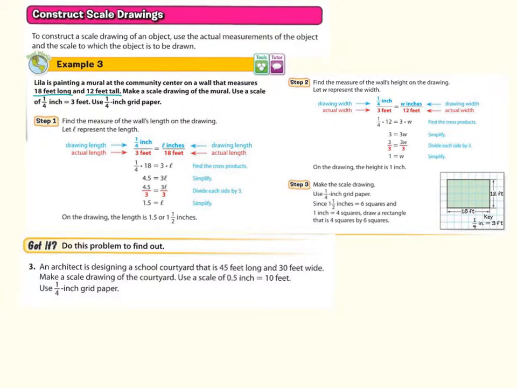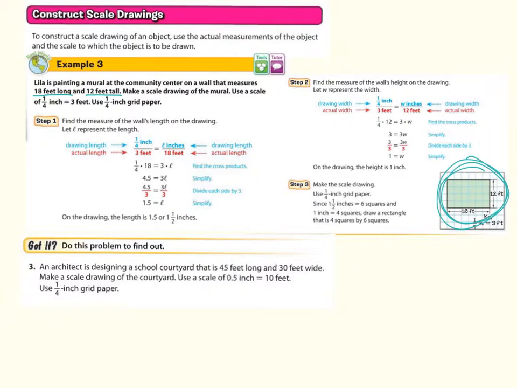This is what we have to go through in the real world when we're dealing with area like this. Unfortunately, we don't have enough time to actually construct scale drawings, but you have to know it for the state test. So let's do number 3.